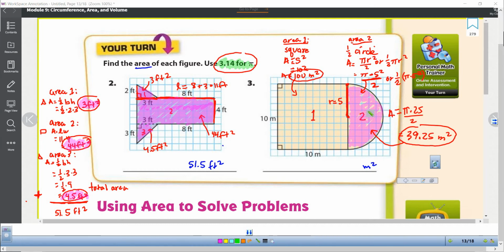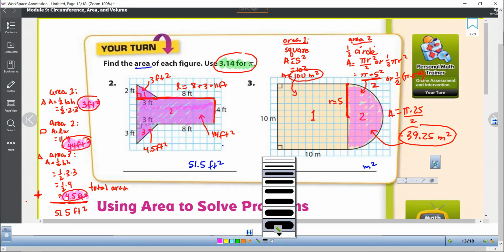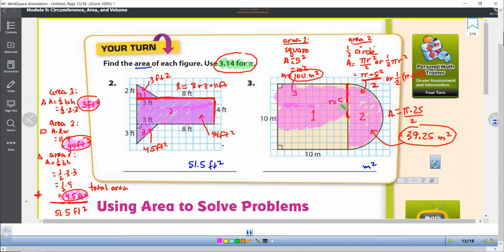So again, what do I want? I want the area not just of this, but I'm going to go ahead and add in, you know what, I learned my lesson. I'm going to make this big. There we go. It'll go a lot faster now when I color it in, right? Okay, so I'm now adding in this area of the square right here. And what was the area of this part?